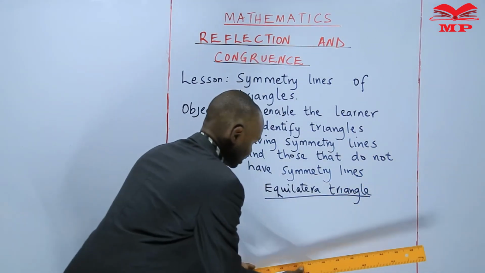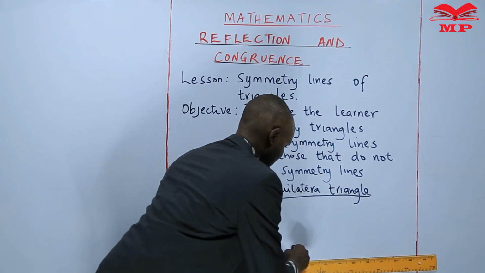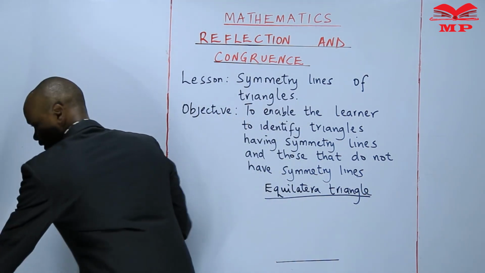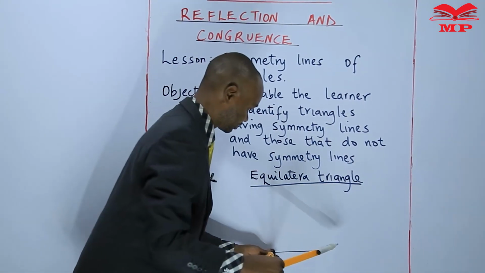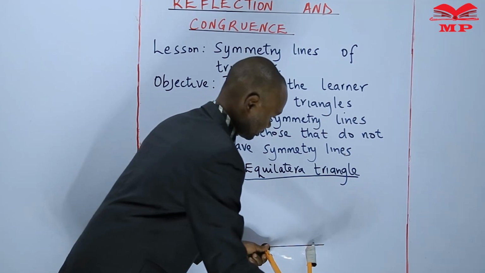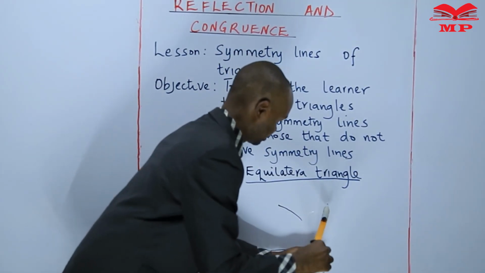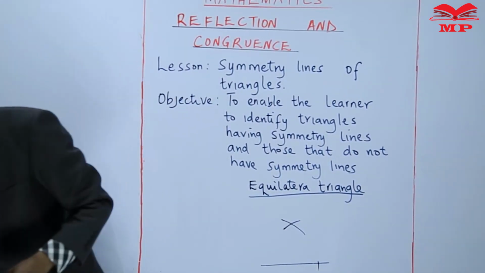So I'll start with the equilateral triangle, any sides. All sides are equal.